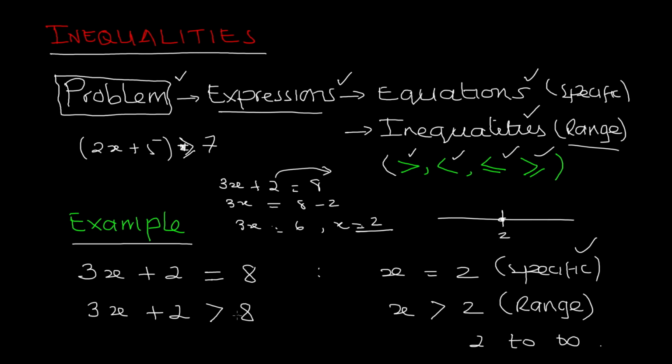But if you solve this same equation and it had an inequality with this sign here, you're going to have that point, which is 2. And then our answer now is going to be x > 2. So it's giving you a range. It's greater than 2, meaning you're not including this point.